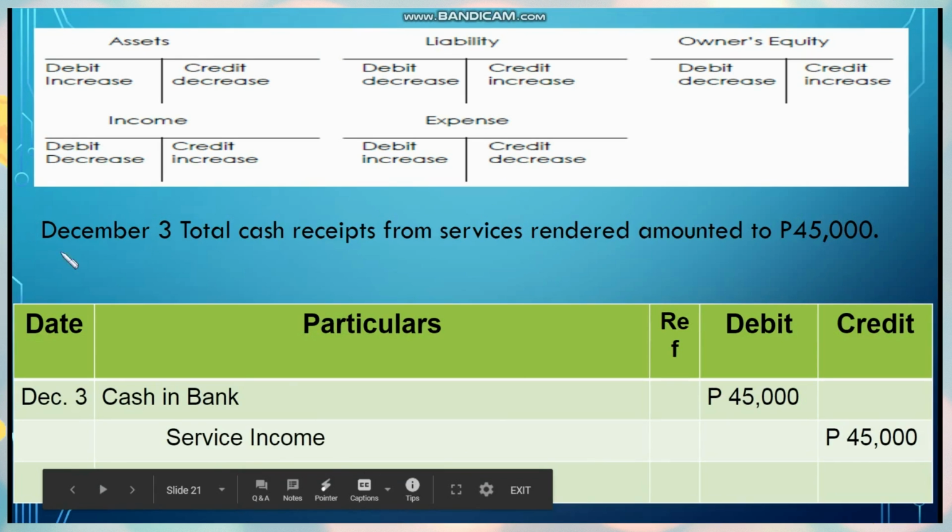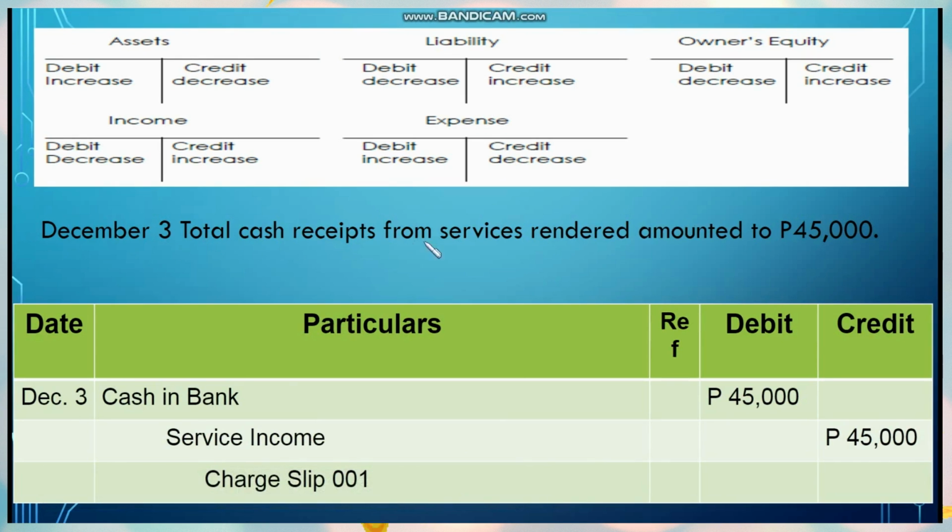Next transaction, December 3rd, total cash receipts from services rendered amounted to 45,000. The business received cash. Cash is an asset, and if the business received cash, that means the asset increased, and that means that we have to put it as a debit entry.